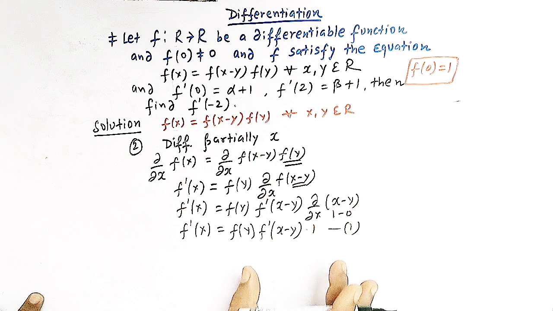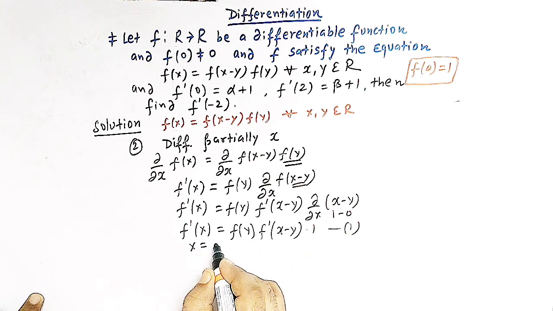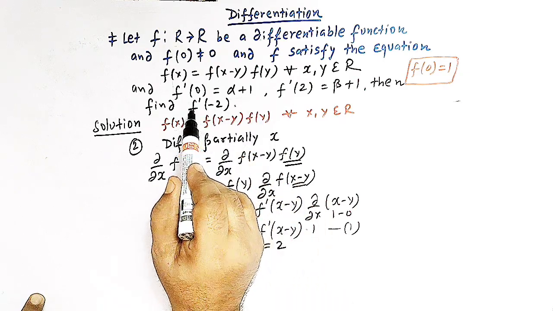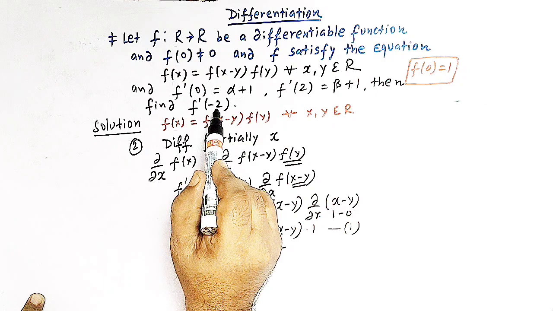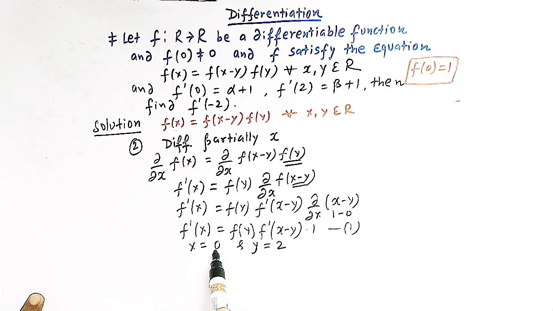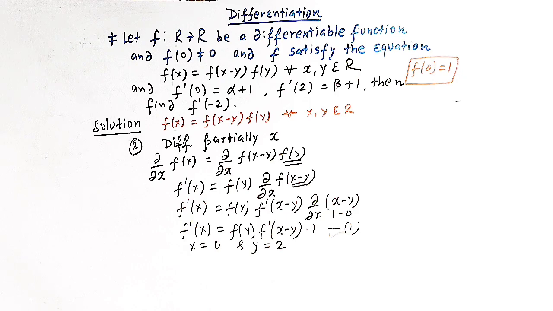So what we will do, we'll take x is equal to 0 and y is equal to 2, because we have to find the value of f prime of minus 2. So let us take x is equal to 0 and y is equal to 2 in this equation, so that we can get f prime of minus 2.